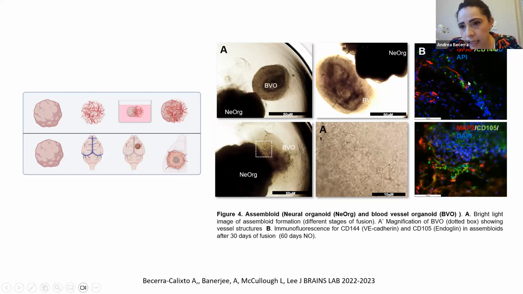We can see here some markers for endothelial cells. At the same time, we want to introduce these organoids into an immunosuppressed mouse model so that the mouse also provides this vascularization.